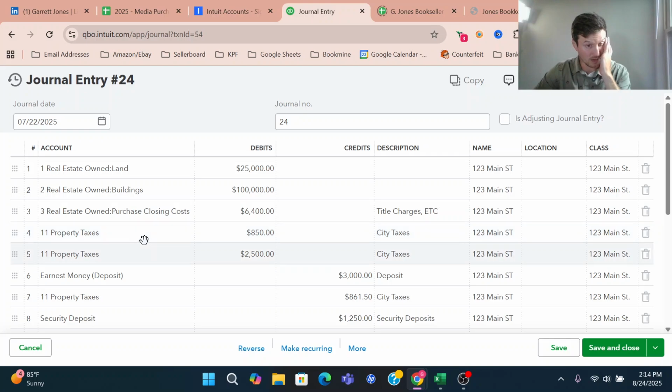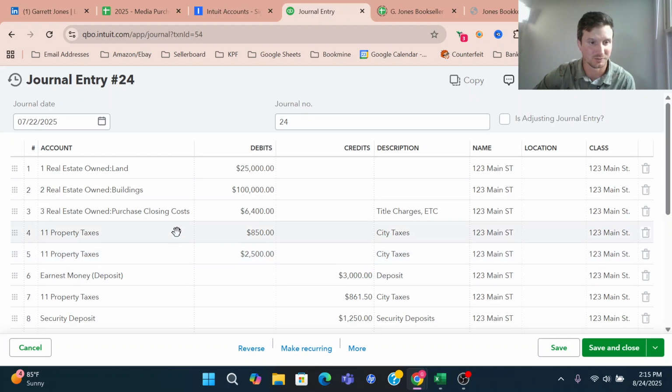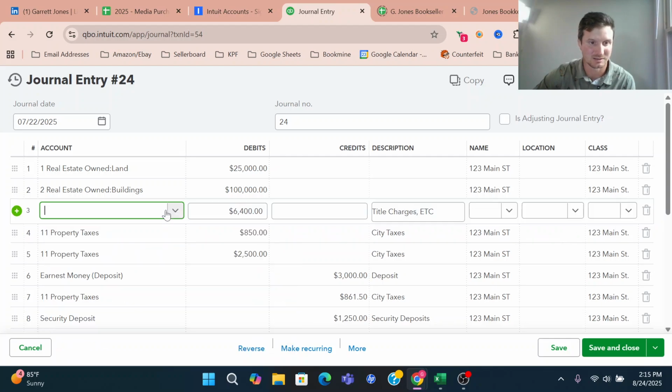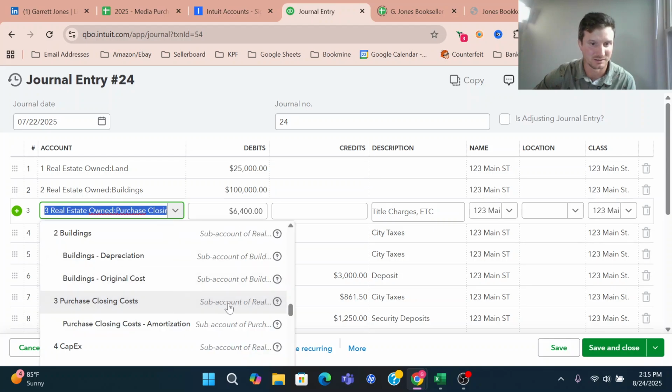Next, we're going to have some property taxes. The property taxes are going to be a little bit different than everything else. So far, we've put everything on the balance sheet, but these two right here are actually going to be your first expenses on the sheet. You can see that I have it as an expense, and then closing costs are a sub account of the real estate, which is an asset.